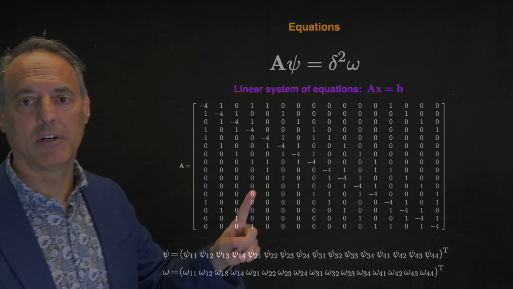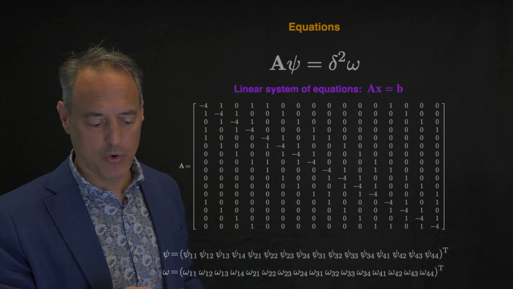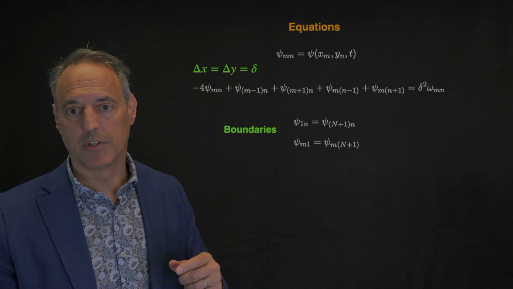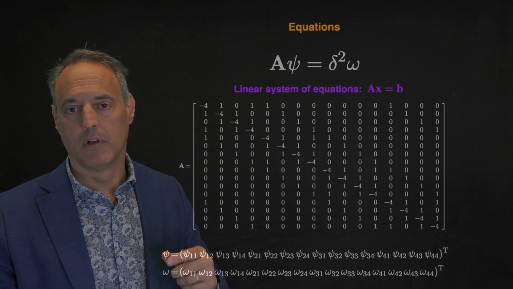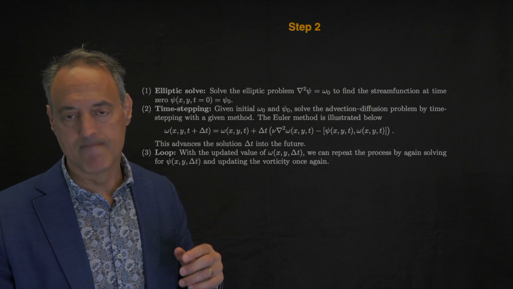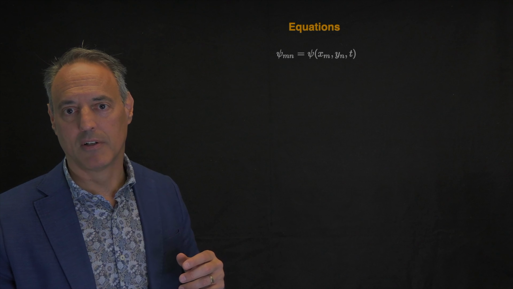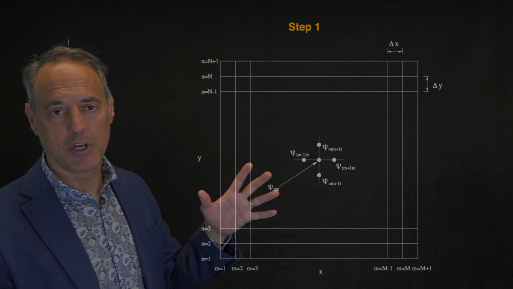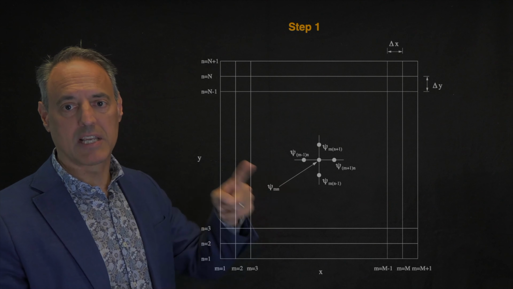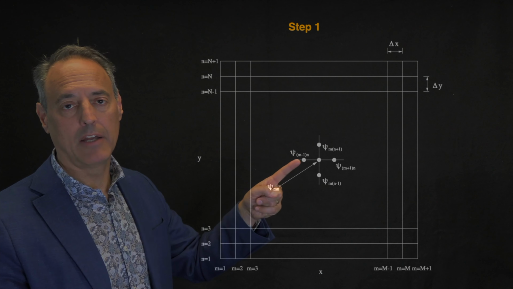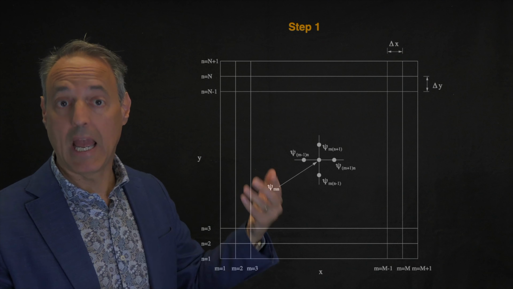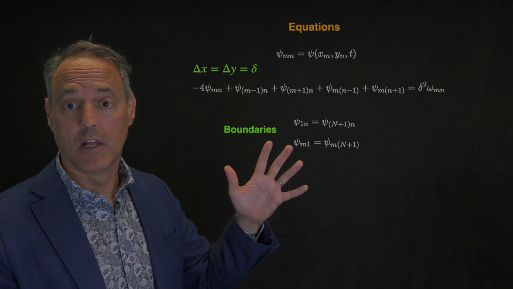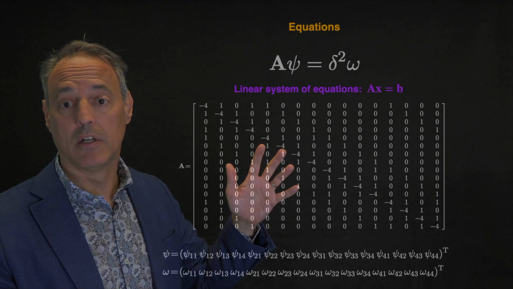This matrix here is the Laplacian in this coordinate system that's given by, where is it? Here. Okay, anyway, sorry, I wanted to show you the picture. Yes, this picture here. So this coordinate system here, where I've taken all my data and I've decided how to stack up all these values of the stream function and the vorticity in this 2D domain, I'm going to turn it into a vector, and what I end up getting here is this set of equations.